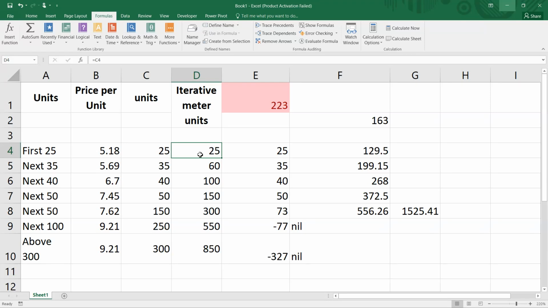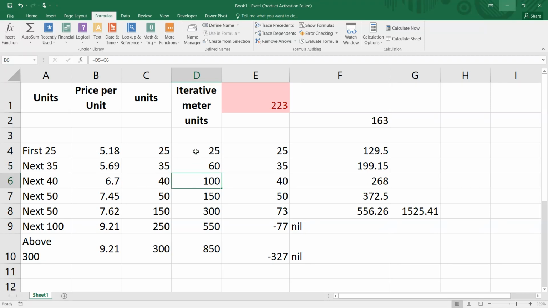After that, if it exceeds 25 units, that is 25 plus another 35, so you have to pay for 60. Then if the units exceed 60, again 35 will be added up with 40.